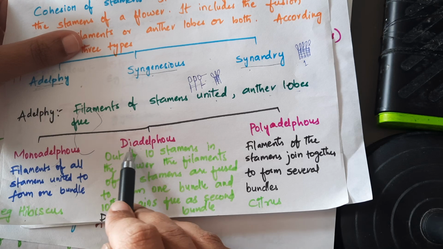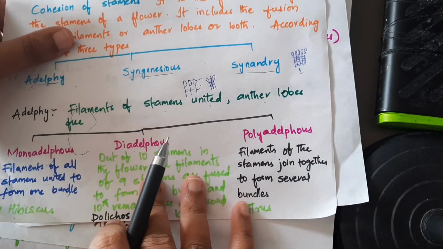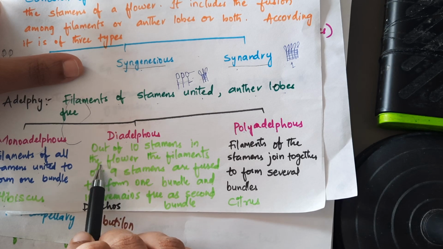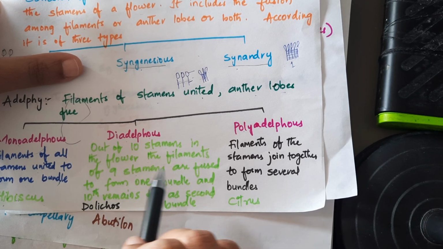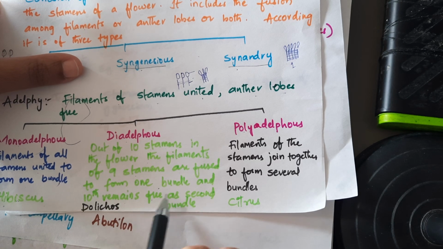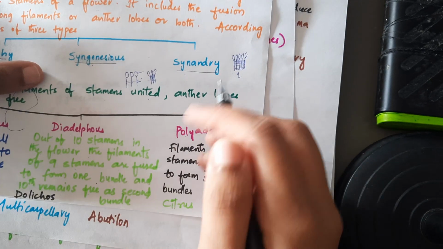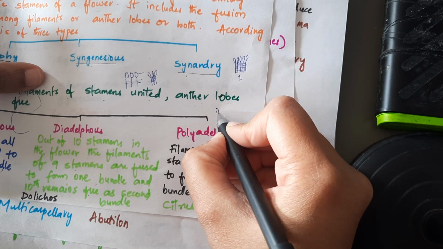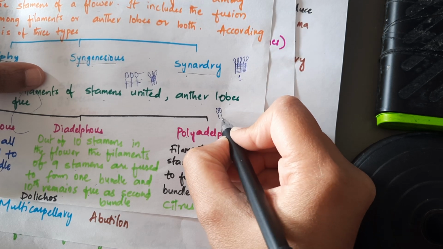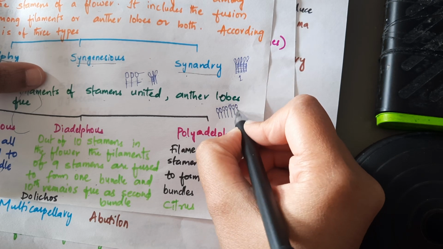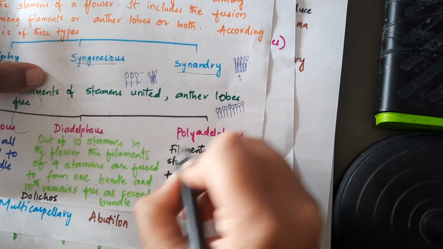Then the next one, diadelphous. What is diadelphous here? Out of 10 stamens in the flower, the filaments of 9 stamens are fused to form one bundle and the 10th remains free as the second bundle. See here, there are a total of 10 stamens in the flower: 1, 2, 3, 4, 5, 6, 7, 8 and 9.